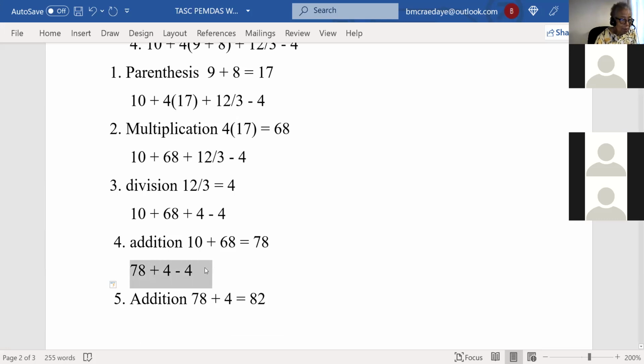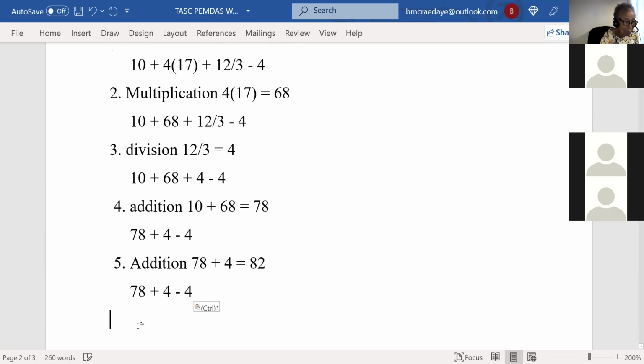Okay. So adding that, let me put that here. 78 plus 4 is 82. And that would be 82 minus 4. Okay, 82 minus 4. And what's that? What's 82 minus 4? 78. 78, right.